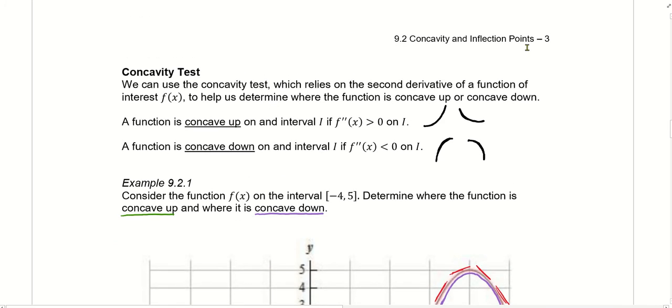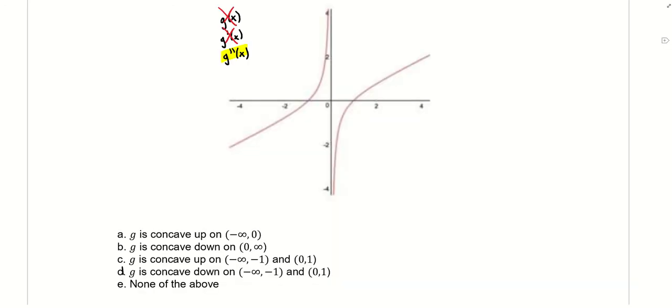So if we look at page 3, we've seen this a little bit before already today. We say a function is concave up where our second derivative is greater than 0, and concave down where our second derivative is less than 0. So I'm just going to write that down here. Our original function is concave up.